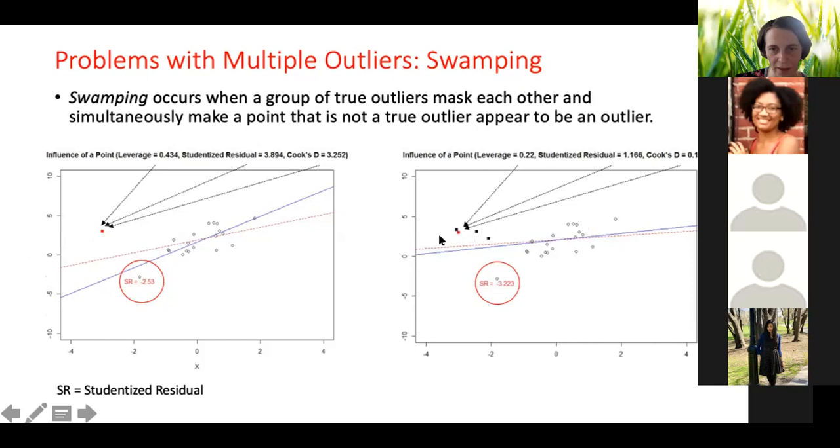However, if we add all other outliers here, pang, suddenly our data point that is not a true outlier becomes an outlier. Right, so we see the studentized residual is really large for this data point here now. So that is swamping, right? True outliers make a non-outlying point appear to be an outlier because it pulls the regression line towards them and away from the value that is not an outlier.